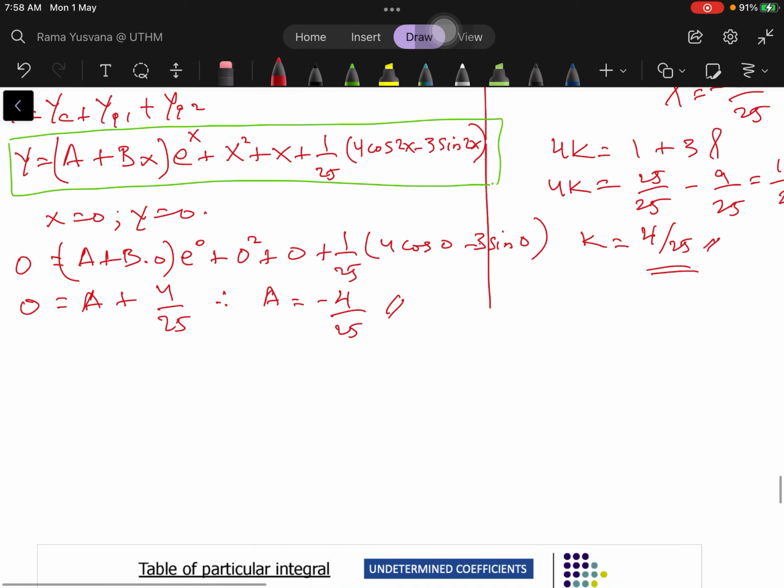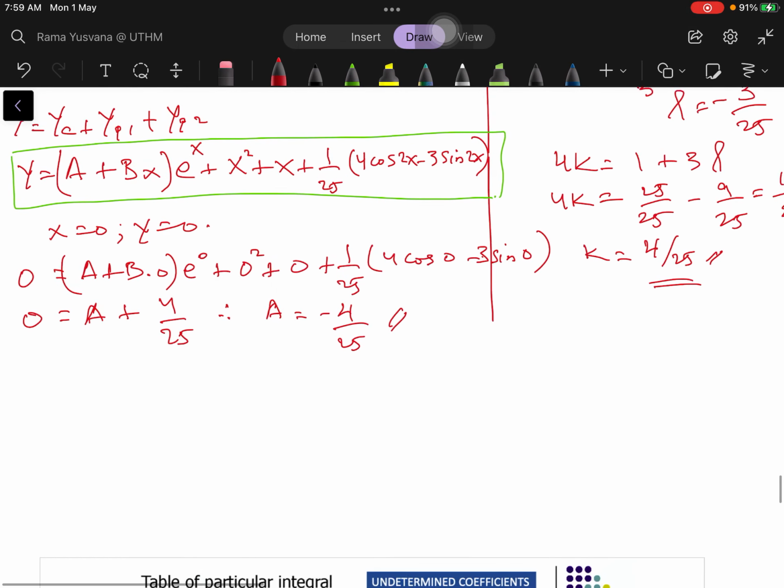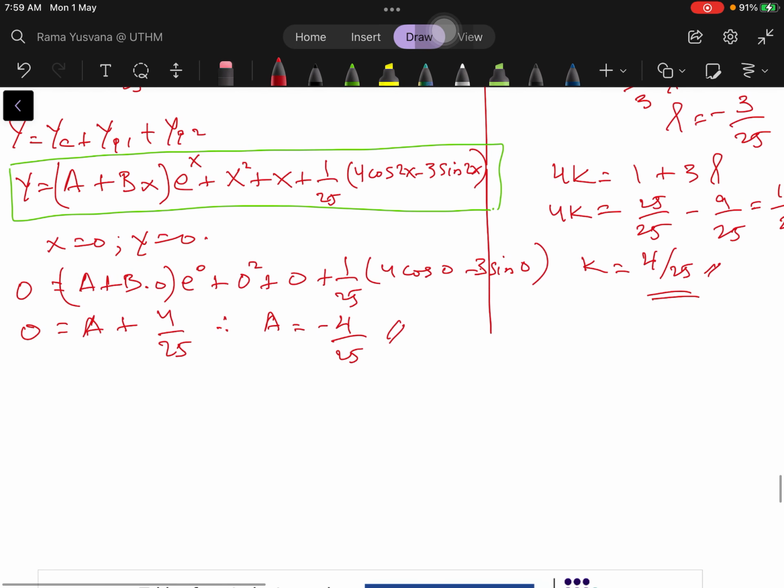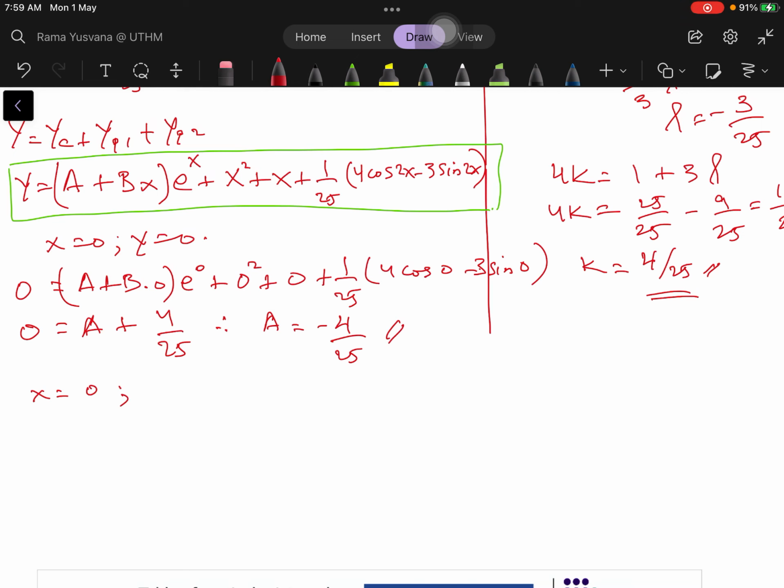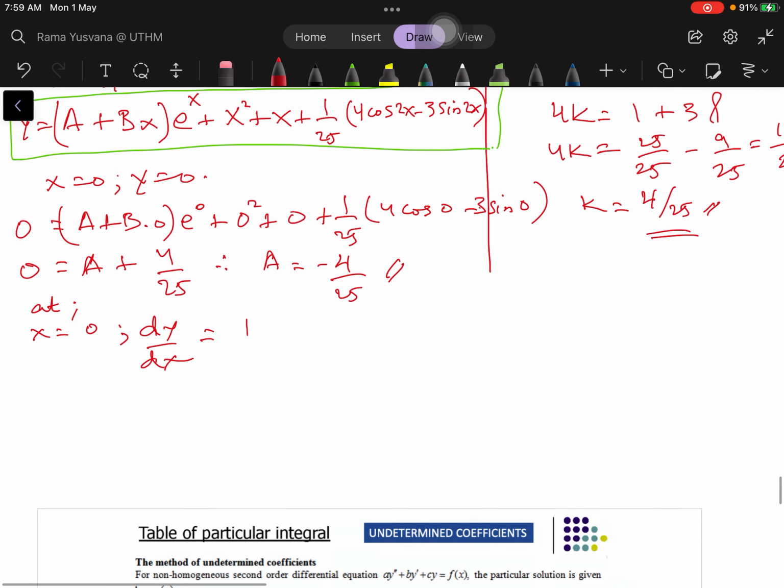That's our a. The second initial condition was that dy/dx equals 1 at x equals 0.